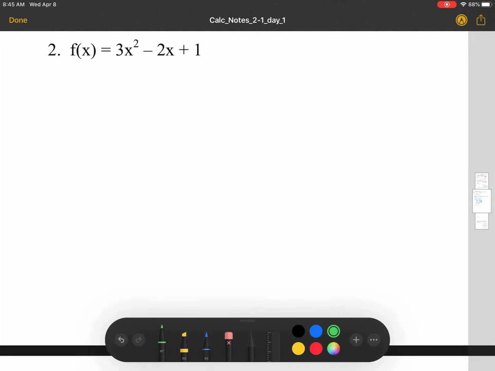So, going to number 2. Now we got a little bit bigger function. All right, nothing changes though. Still the same process. We have our f prime of x.